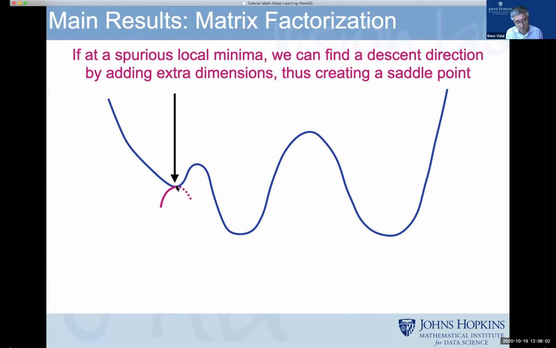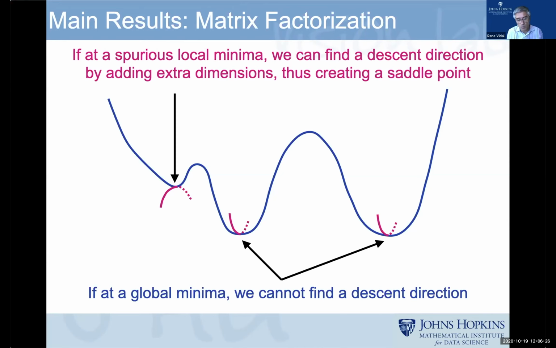I'm changing my optimization problem to add extra variables. When I do that, let's say I have a second variable here, I can ask the question, can I decrease the objective by moving in this new direction? And if I can decrease that objective, then I'm going to move in that direction and keep going down.